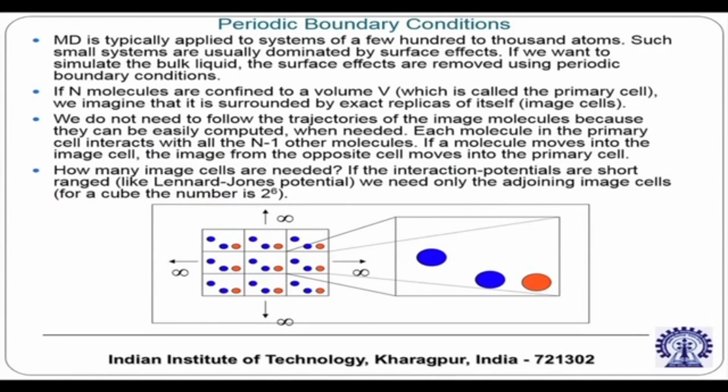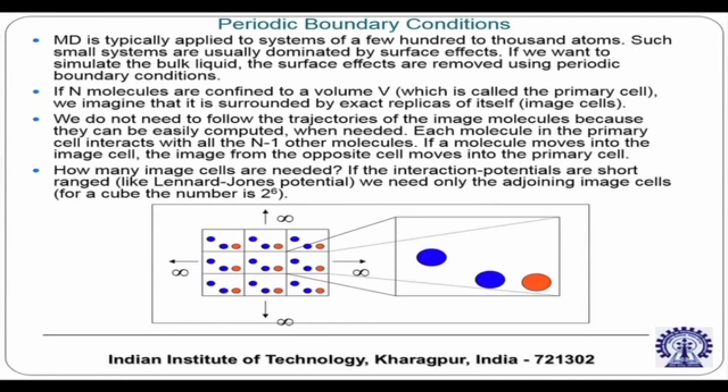Very often, molecular dynamics is typically applied to systems of a few hundred to thousand atoms. Such small systems are usually dominated by surface effects. If we want to simulate the bulk liquid, the surface effects are removed using periodic boundary conditions.